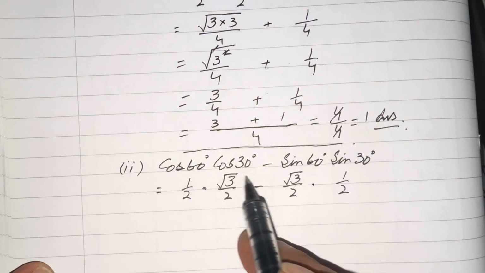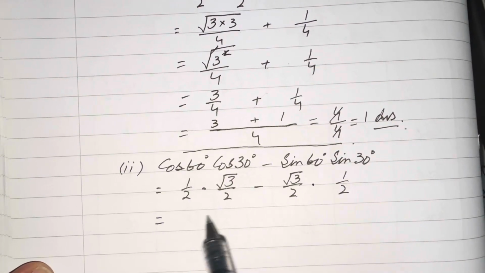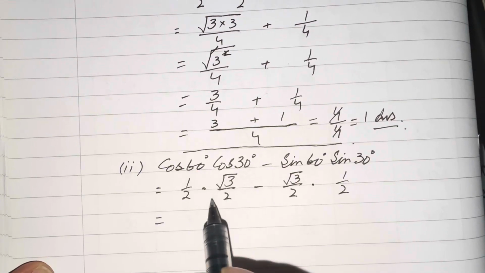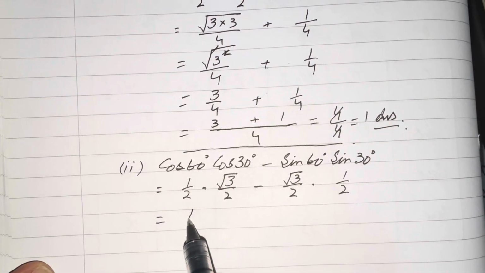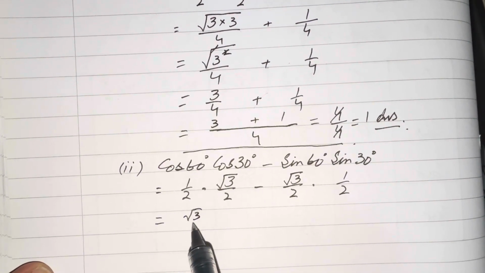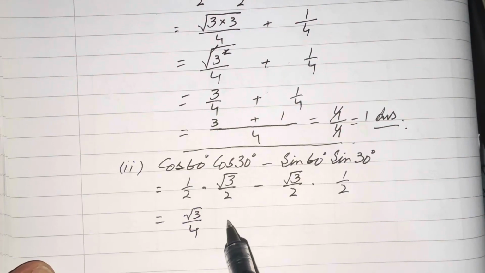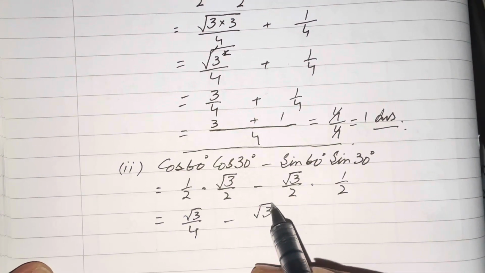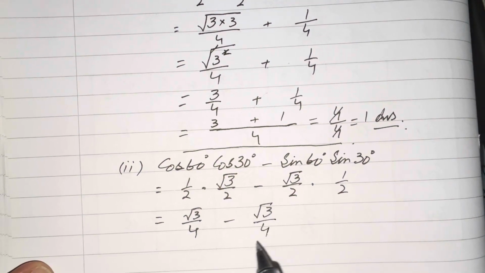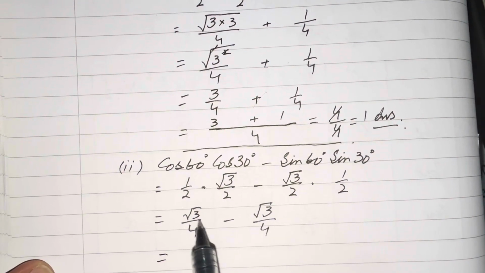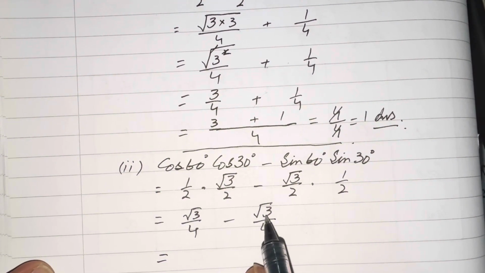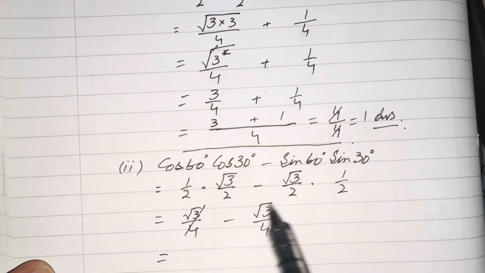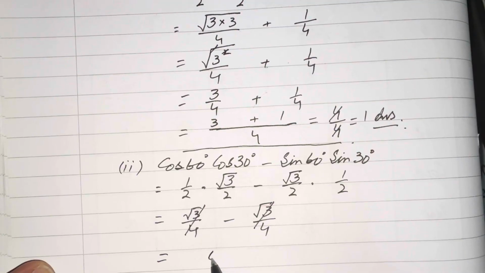So after putting the values, now we will have to simplify. So again multiply these two values, so that will become under root 3 divided by 4 minus under root 3 divided by 4. These are the same values subtracting with each other, so they will be cancelled with each other, so the answer will be equal to 0.